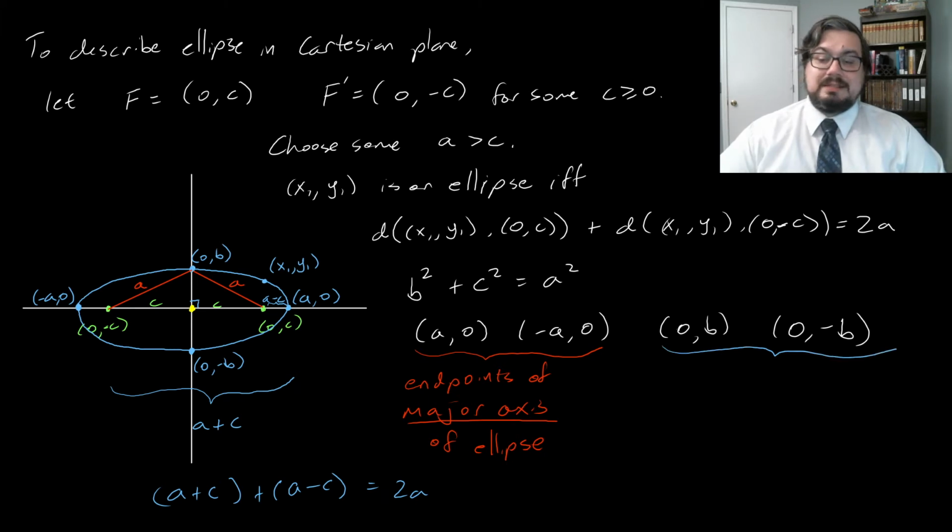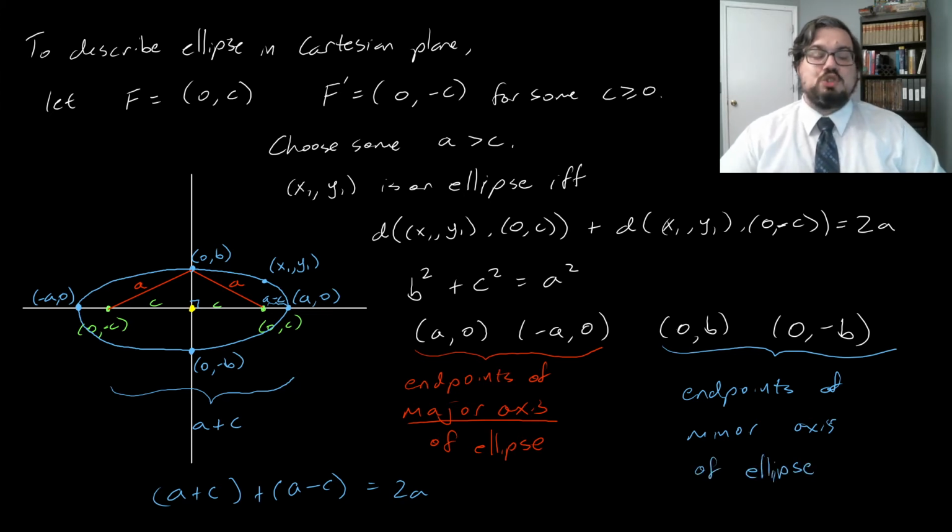And the points 0 comma b and 0 comma negative b are the endpoints of the minor axis of the ellipse. The minor axis of the ellipse is the shortest distance across the ellipse that you can get. And so determining the locations of these points is usually the key to understanding the graph of an ellipse.